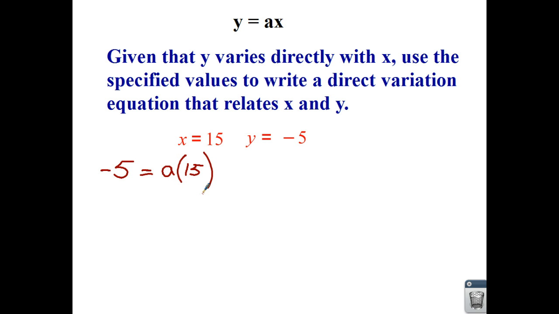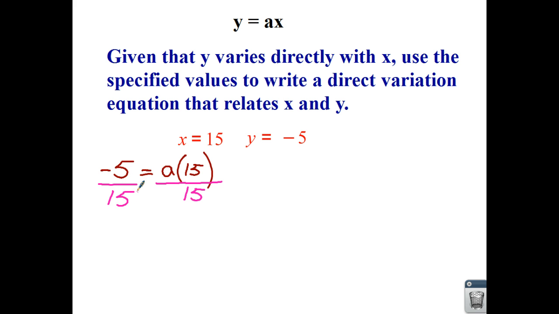Now, if you were to figure out what your constant of variation is, that would be your a term. What would you do to both sides to figure out what a is? Okay, you do your inverse operations. So if 15 is touching a, that means multiply. We're going to do the opposite and divide both sides by 15.